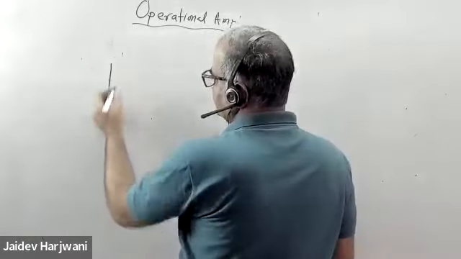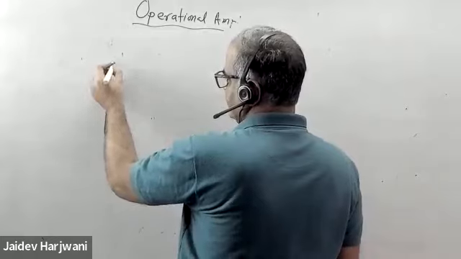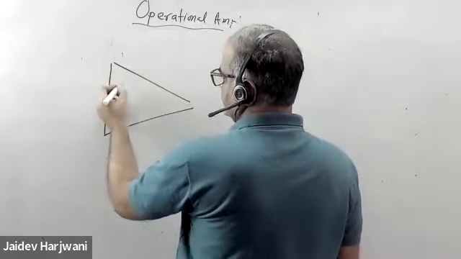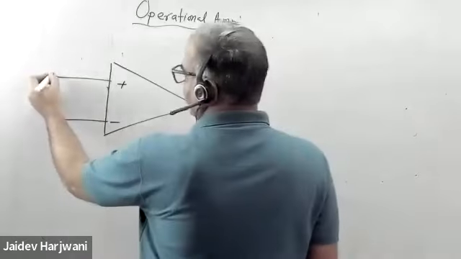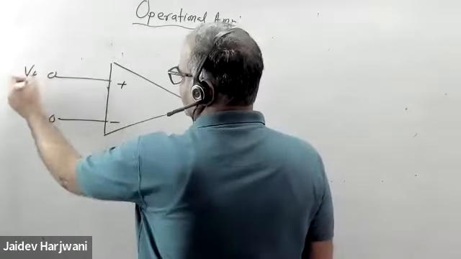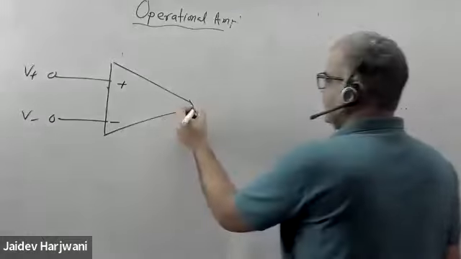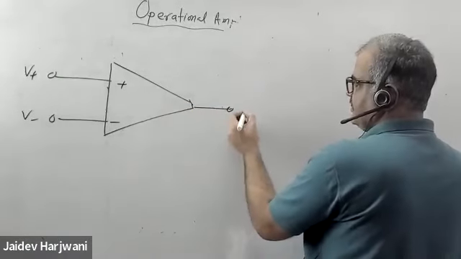So this is my op amp. This is plus, this is minus. Here I am applying V plus, here I am applying V minus, and you have V naught.